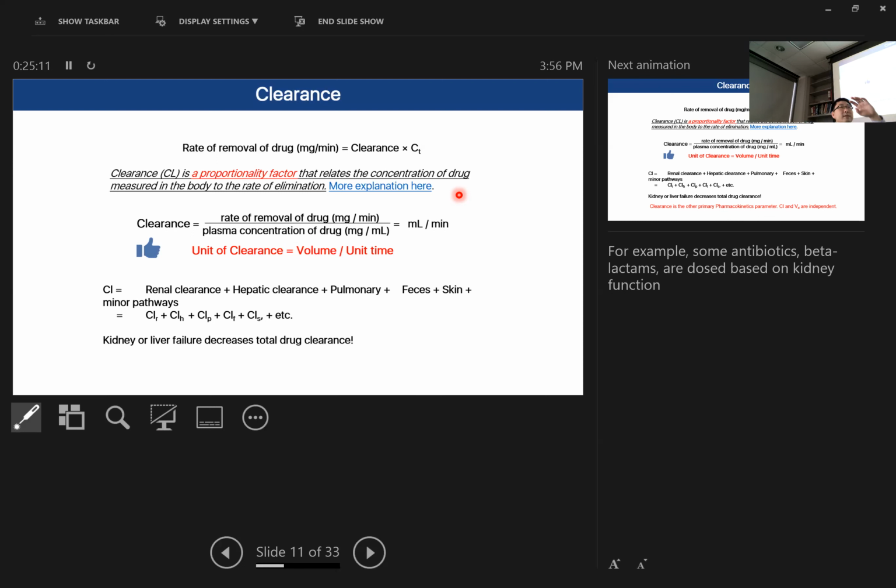That's a good question. For IV it should be the C0, which means the zero time point. That's basically extrapolated. That's why in the exam, at least, they don't want to talk about the oral drug, because you have an absorption phase.